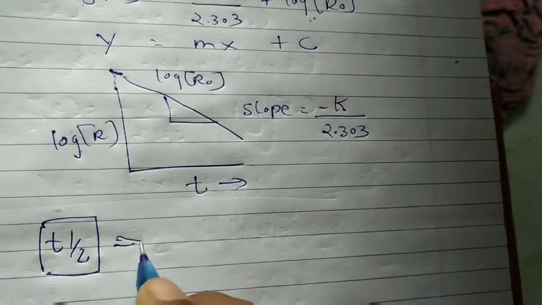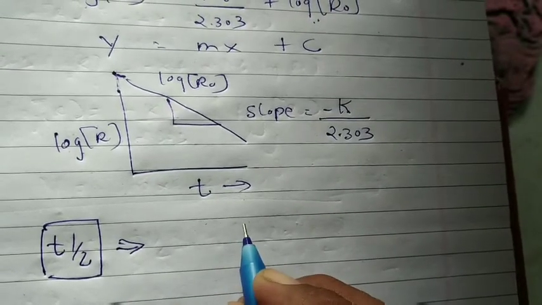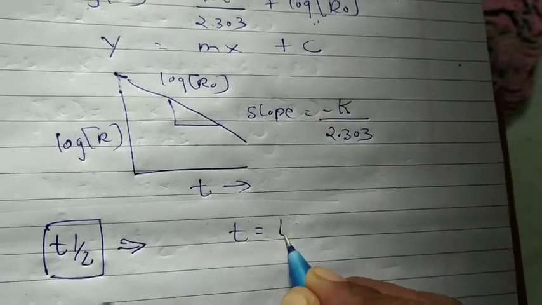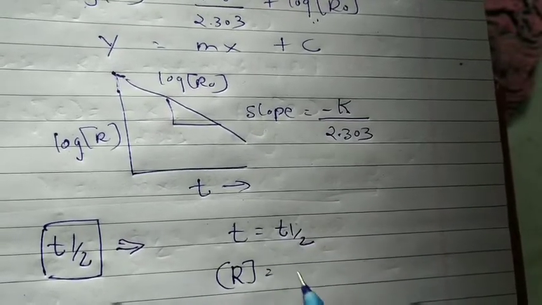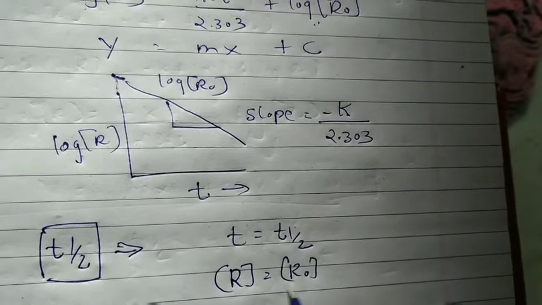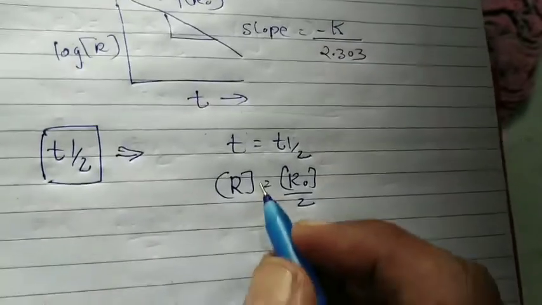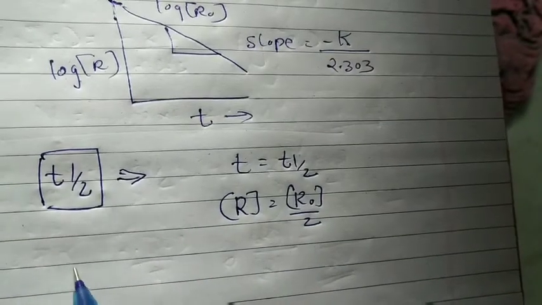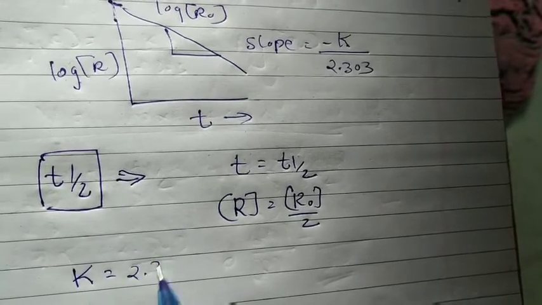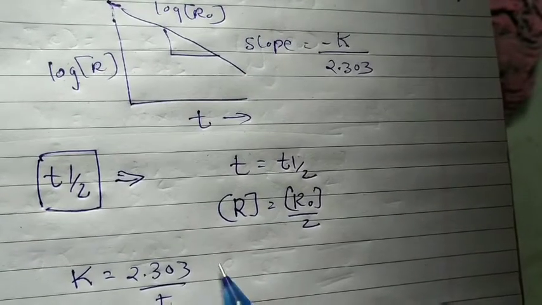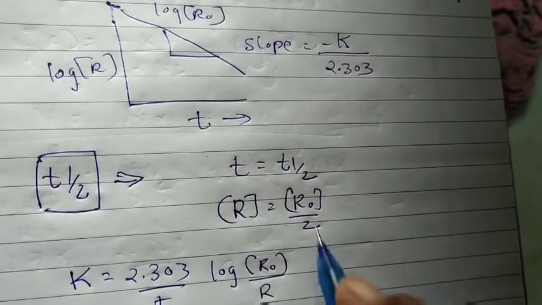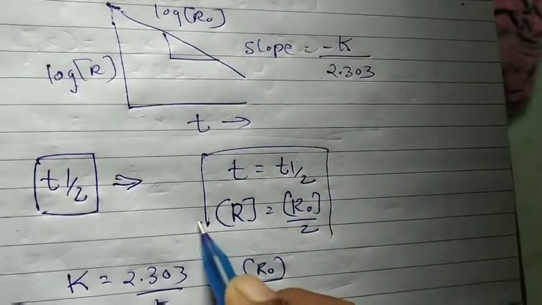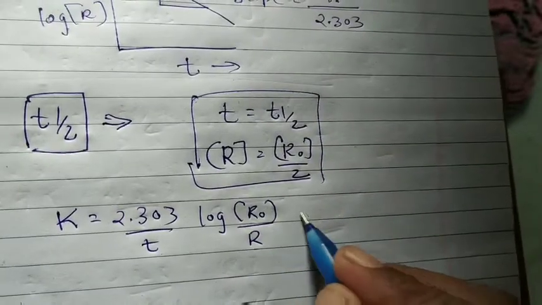For a first order reaction, if you write t is equal to t half, then r is r0 by 2. This you put in our first order equation, k is equal to 2.303 by t log r0 by r.